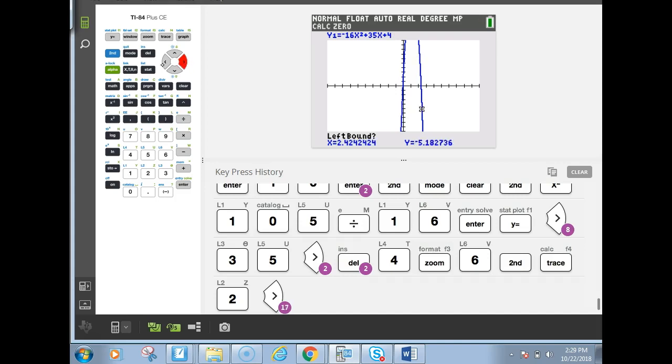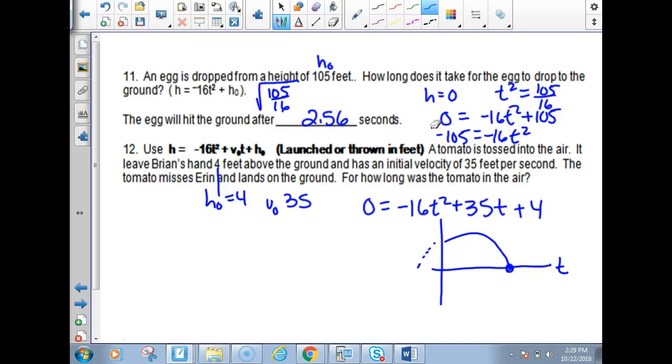Okay, now that it's over here, I'm going to just hit enter. For the left bound, I can go past it and hit enter, or I can put in a number. So I'm going to just put in 3. Okay, and it went right on at 2.29. We're going to have to round that to 2.3 seconds.